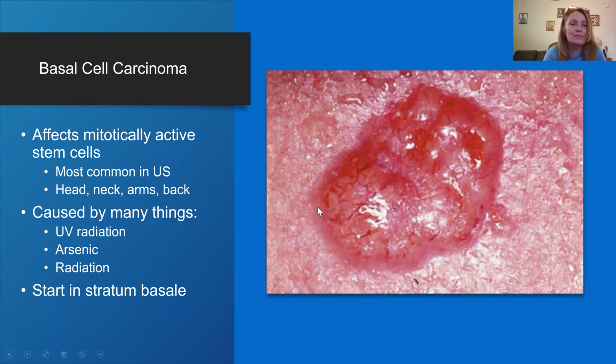It affects those cells in the stratum basale, so it affects mitotically active stem cells. Most common in the US, you would find it mostly on the head, neck, arms, and back. It can be caused by many things: UV radiation, arsenic, other types of radiation. And yes, it's basal cell carcinoma, so it starts in the stratum basale.